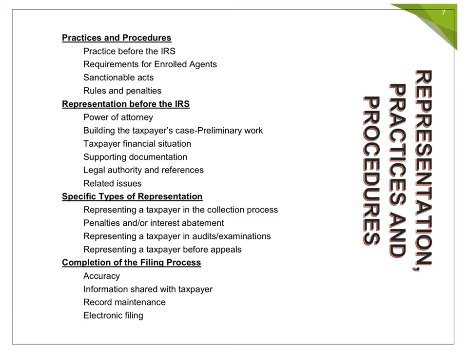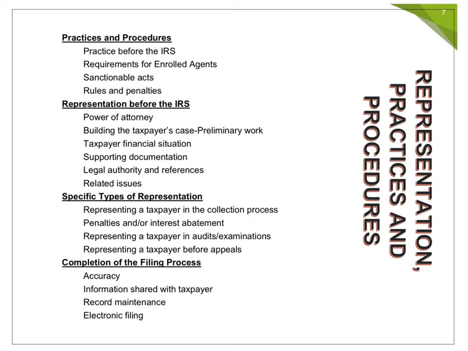So it has four sub-classifications. First is practices and procedures, representation before the IRS, specific types of representation, and completion of the filing process. So the practices and procedures talks about four topics: practice before the IRS, requirements for enrolled agents, sanctionable acts, rules and penalties.